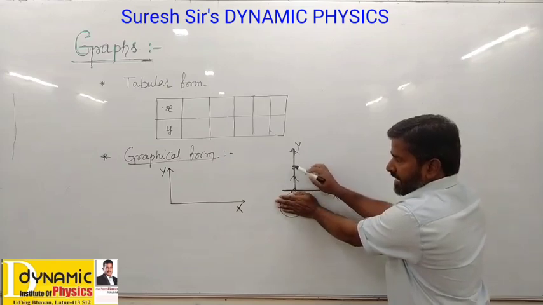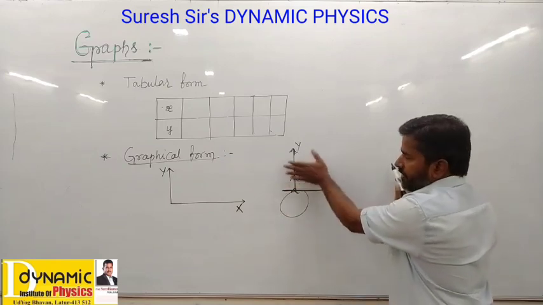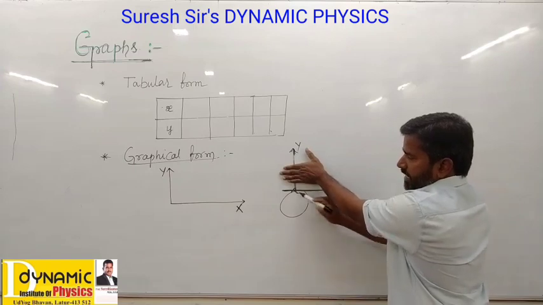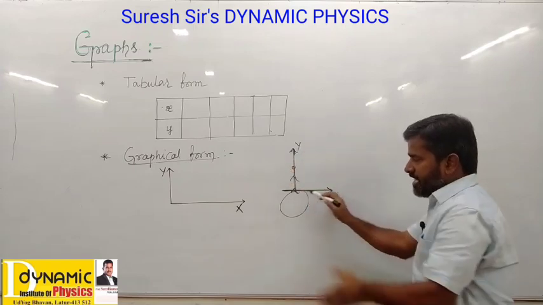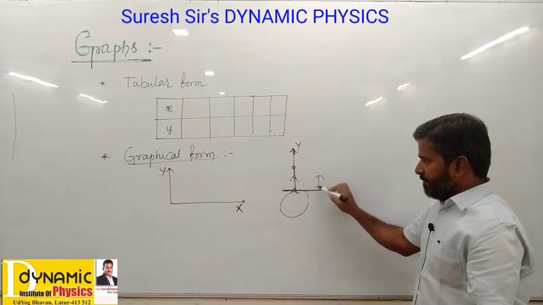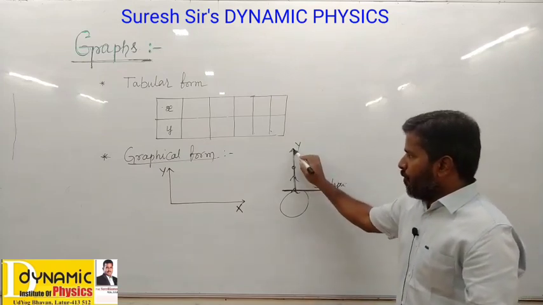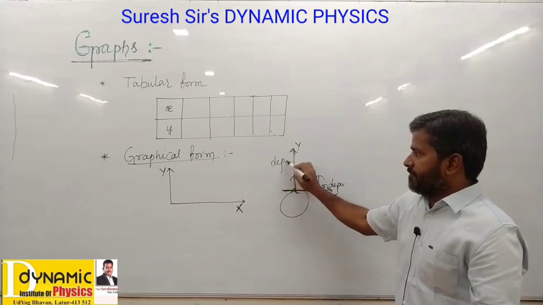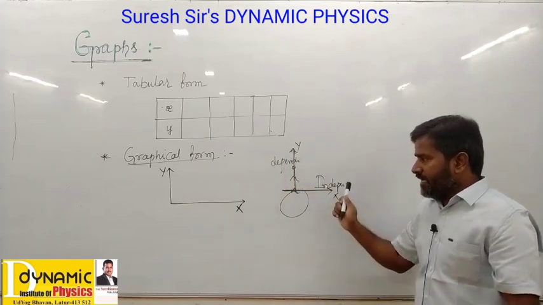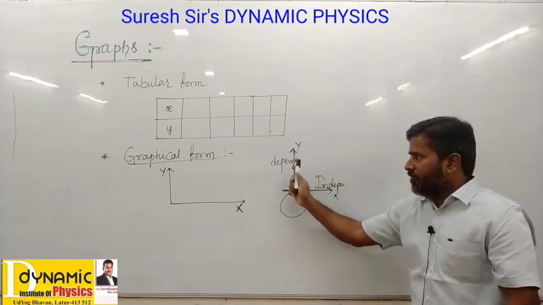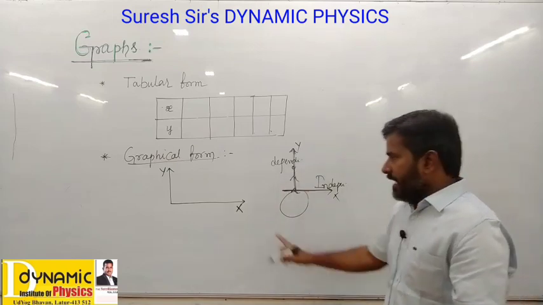Without earth, man is not possible, but without man, earth is possible. So x is independent and y is the dependent axis.